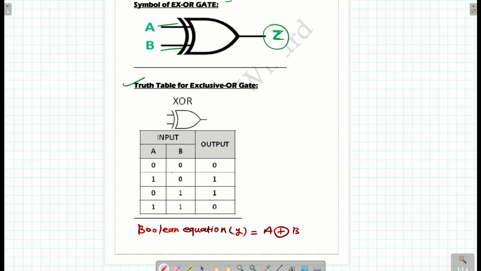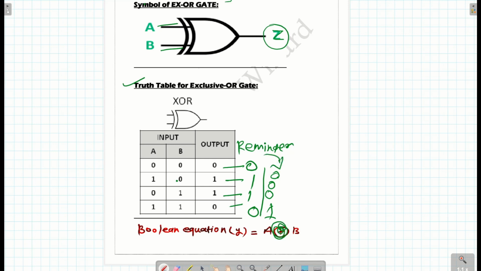When we input 0 and 0, we get 0. 1 0, we get 1. 0 1, we get 1. 1 1, we get 0. Because here it gets the remainder: 0 0 0, 1 0 1, 0 1 1, 1 1 0, and the remainder gets into here 1, and all these remainders are 0. Okay, so this is the thing. So this is like an operator.